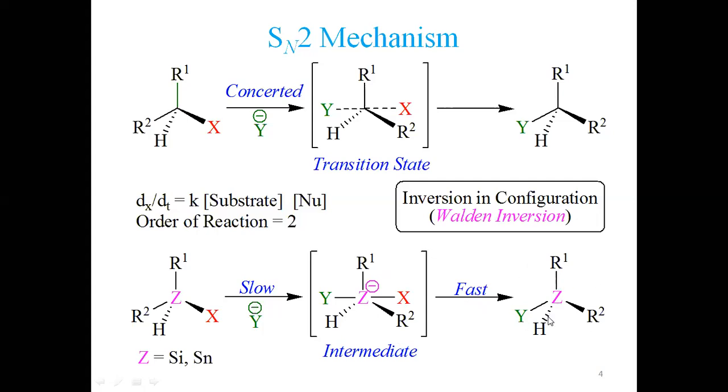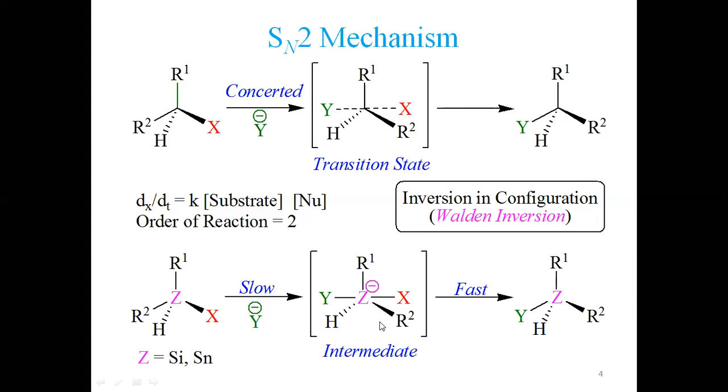You see this product and this product are stereochemically the same. They proceed via inversion in configuration, which we commonly call Walden inversion. Both involve the same stereochemical outcome, but the mechanism is not the same. The second one follows two steps: the first is slow, the second is fast, and it involves the formation of an intermediate.